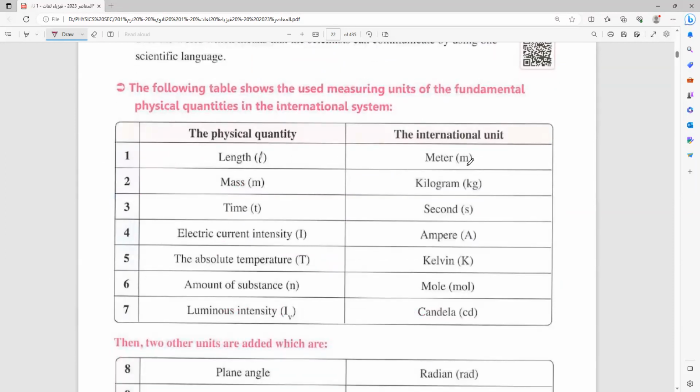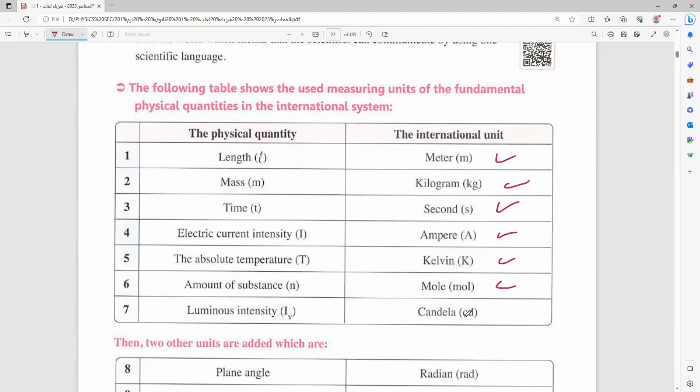Physical quantity of length must be measured by meter, mass by kilogram, time by second. The electric current intensity, I, measured by ampere. Last year, we studied the electric current intensity in grade 9. Absolute temperature measured by Kelvin. Amount of substance measured by mole.